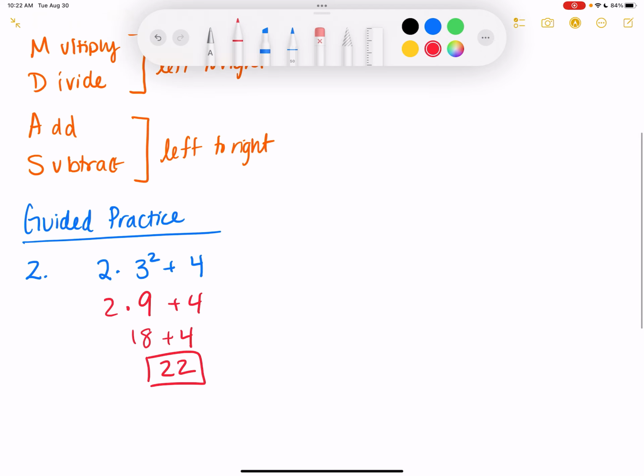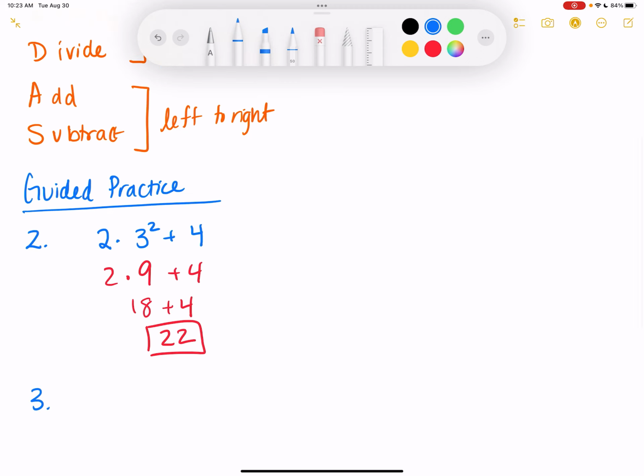Then let's look at number 3. This one is 32 divided by 2 raised to the 3rd power plus 6. So again, we don't have anything in parentheses, but we do have an exponent. So we're going to do the 2 raised to the 3rd power first.